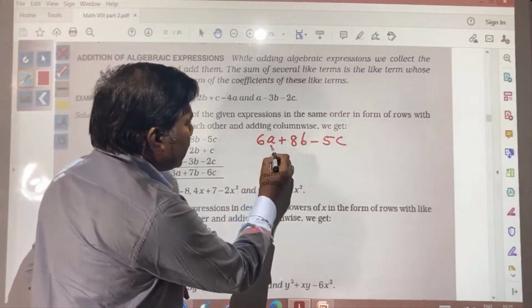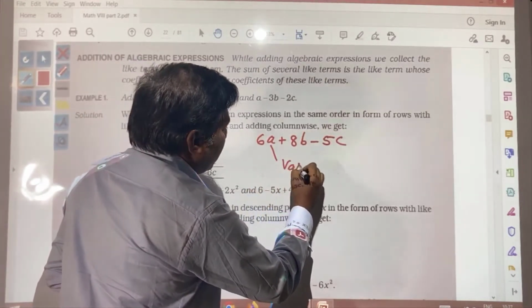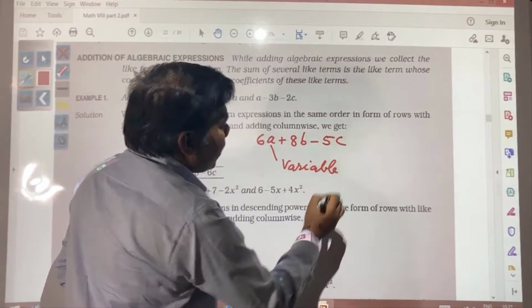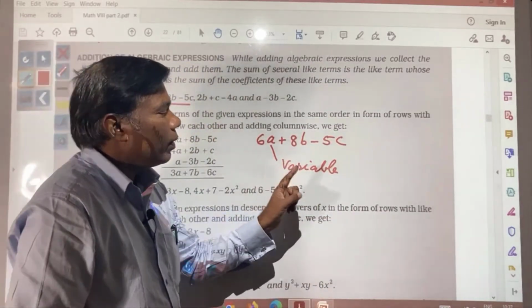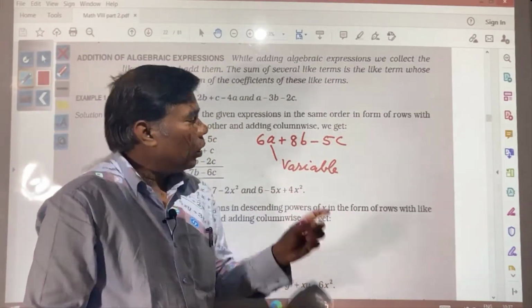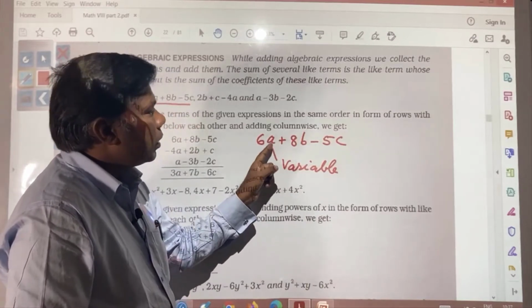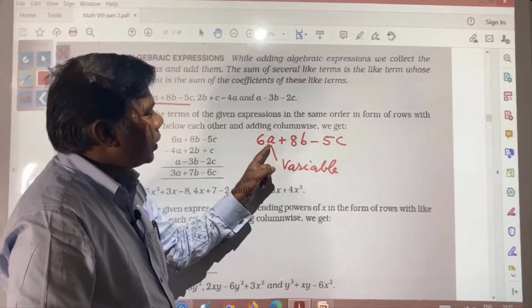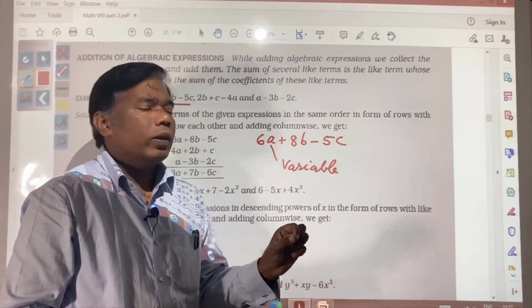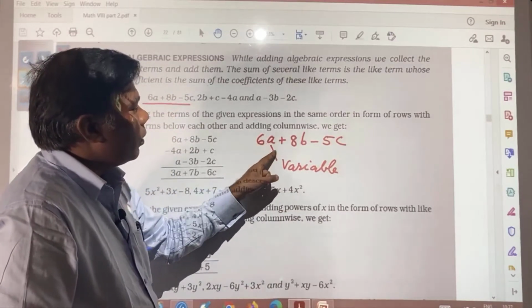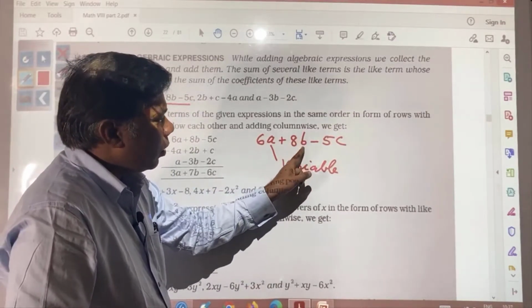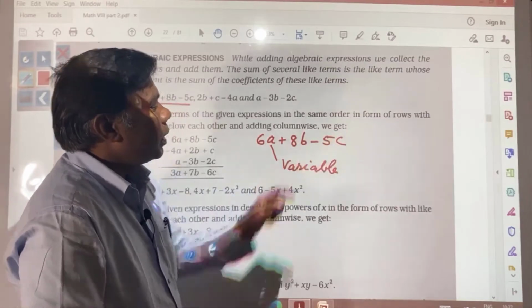So here this term is called variable. Variables are the terms which are not having a fixed value, because you don't know what will be the value of a, what will be the value of b, and what will be the value of c.